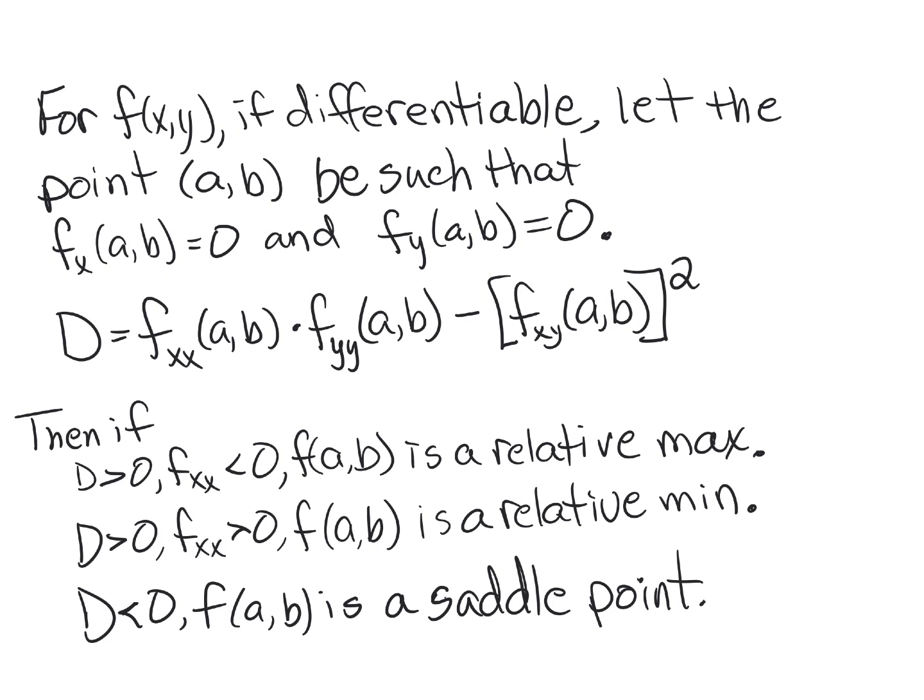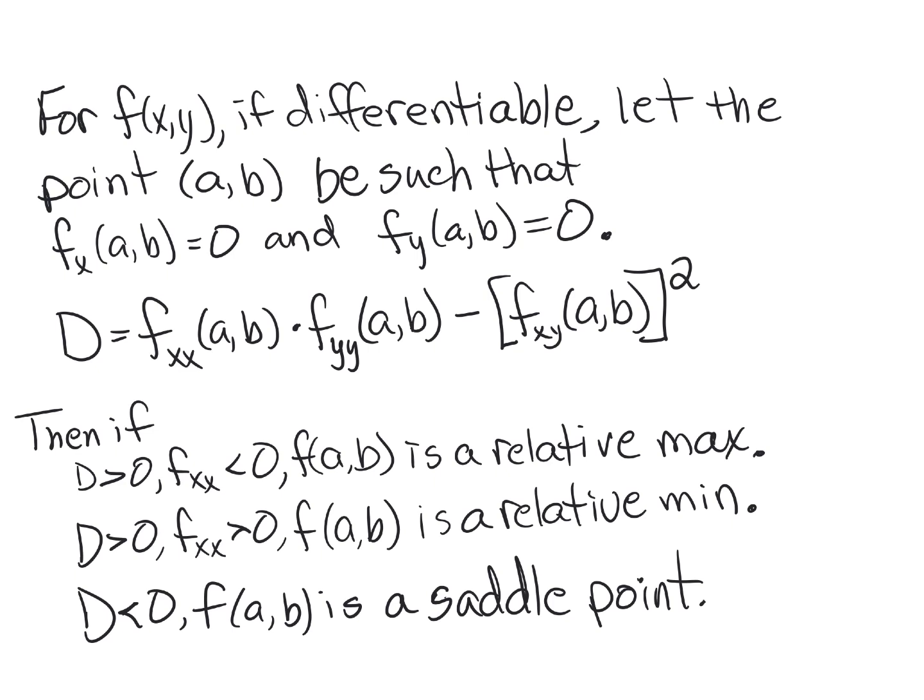So obviously, if D is positive, but the two second partials are negative, you have a relative maximum. Concave down means you're up high, right? If D is positive, but the second partial with respect to x is also positive, that means the f_yy must be positive. Both of these are pluses. That makes it a relative minimum.